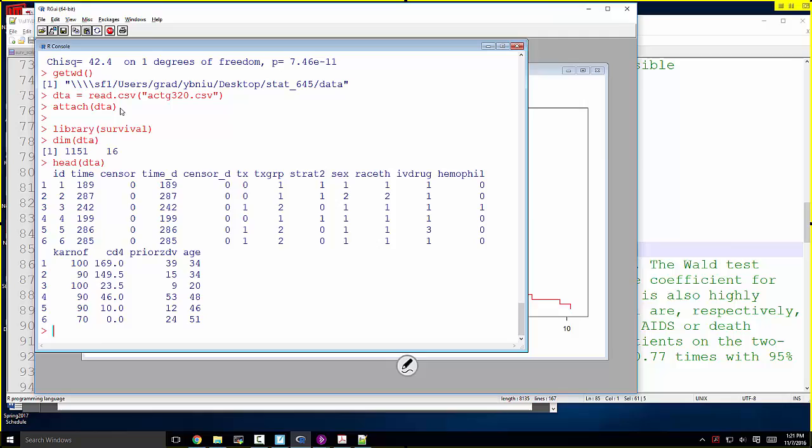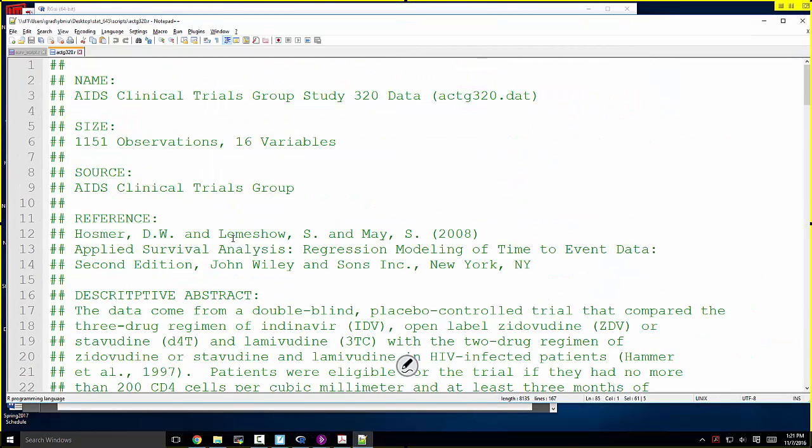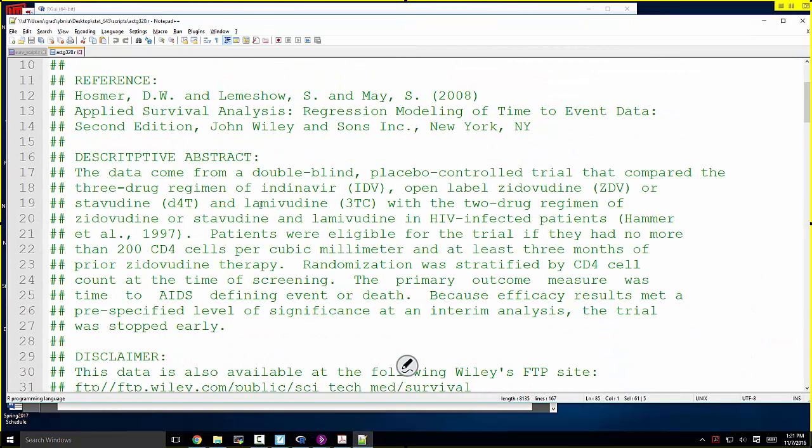So let's see what we're doing here specifically. We are comparing IDV, ZDV. Why does it say or? A 3-drug regimen of this or that, and this. Comparing that with zidovudine or stavudine and lamivudine.